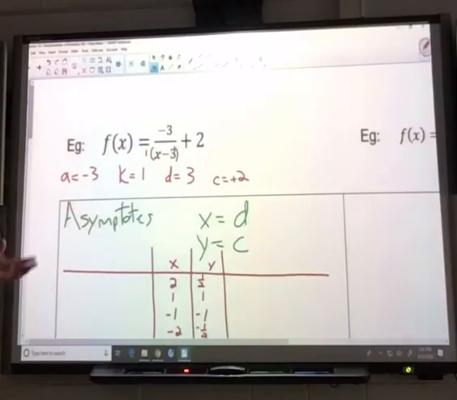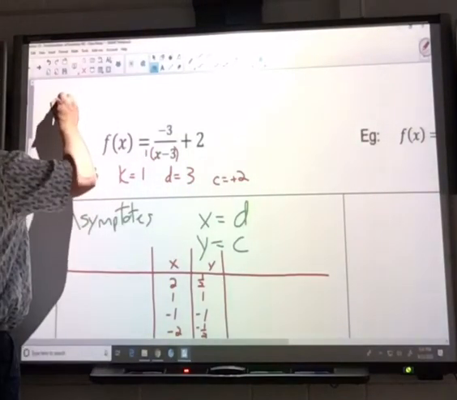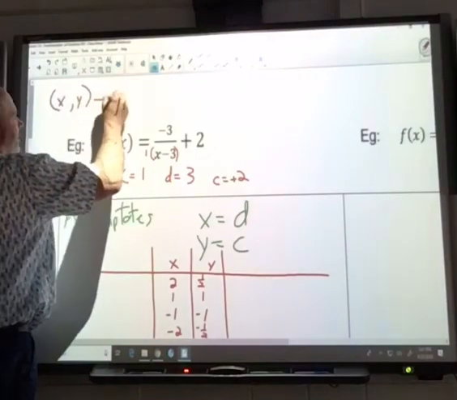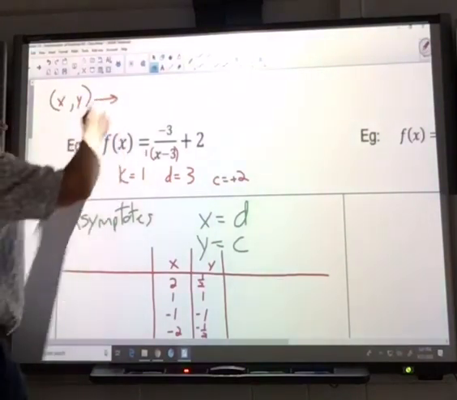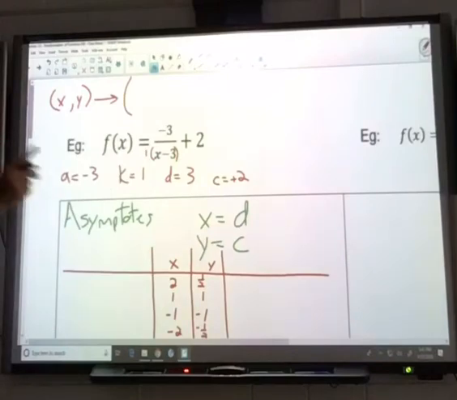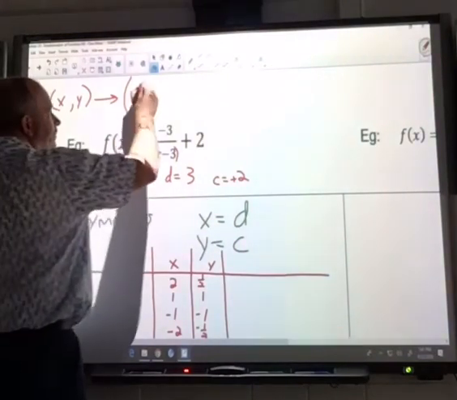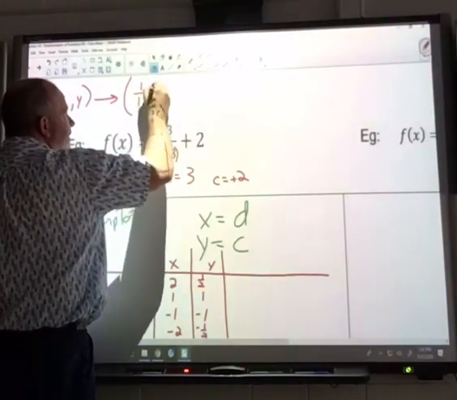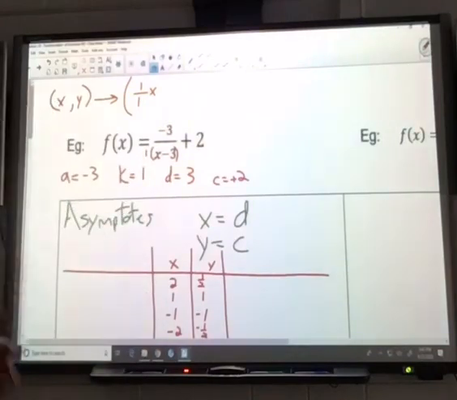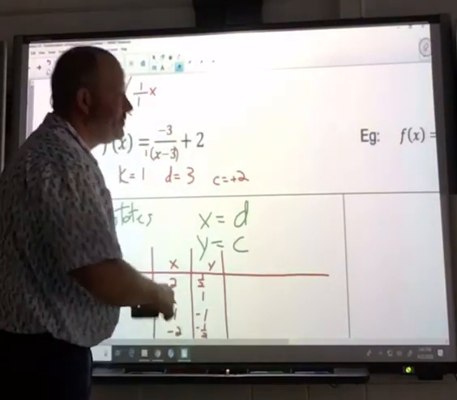All right? Now my mapping rule with all of these in mind, okay, is going to be x comma y. And it's going to turn into, now for the x part, remember it's going to be 1 over k, so 1 over 1 times x, which is just 1.